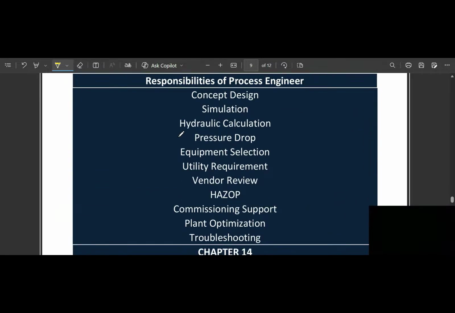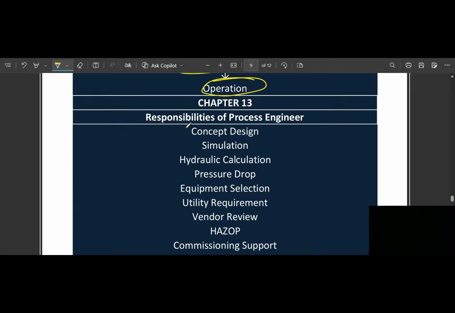So what are the responsibilities of any process engineer? We get appointed and start working as a process design engineer, but what about responsibilities? If you don't know your responsibilities, you cannot do anything over there.